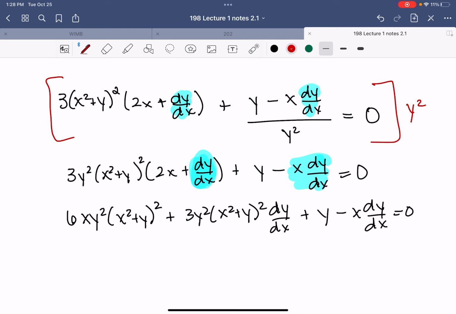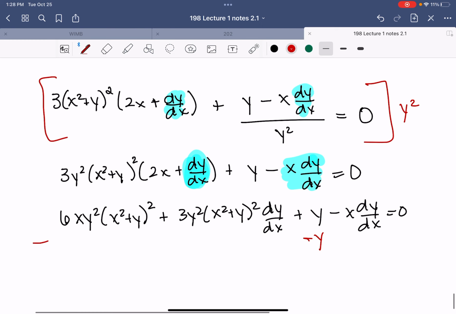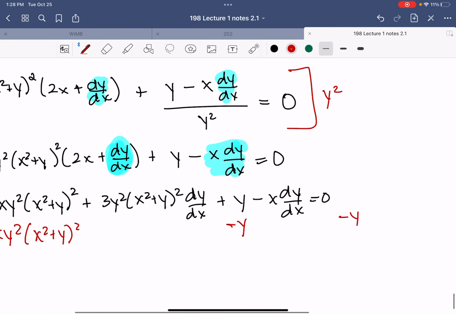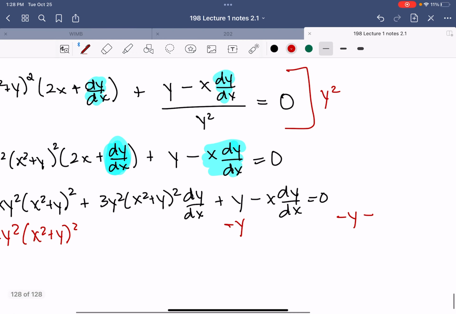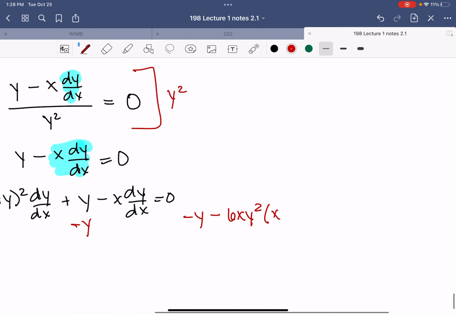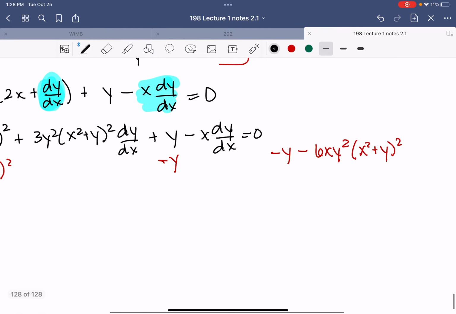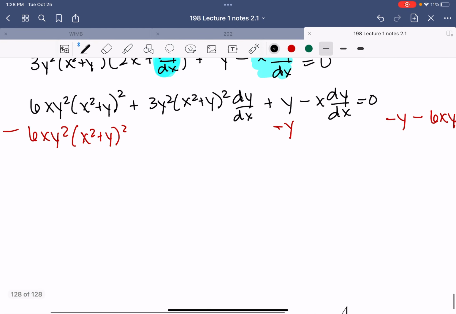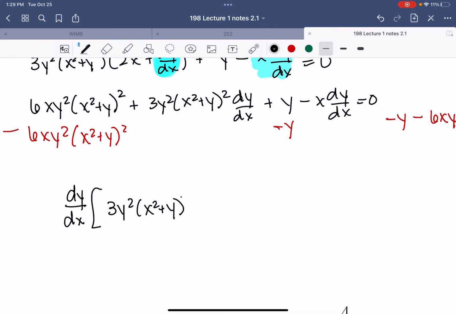So now I can subtract this y and this whole term, 6xy squared times x squared plus y squared from both sides. So that's a minus y and a minus 6xy squared times x squared plus y quantity squared. Okay, that leaves me with just my two dy dx terms on the left. So I'm going to have dy dx, factor it out, times the 3y squared times x squared plus y quantity squared minus x.